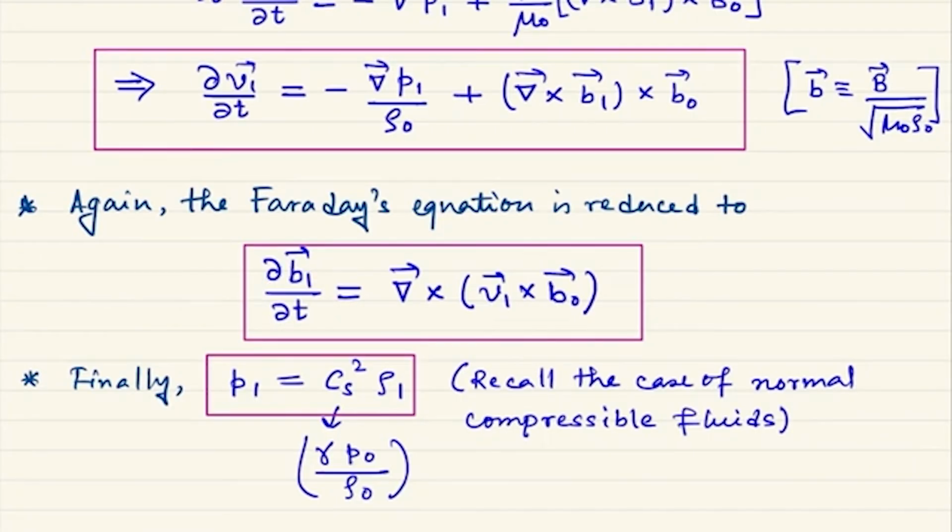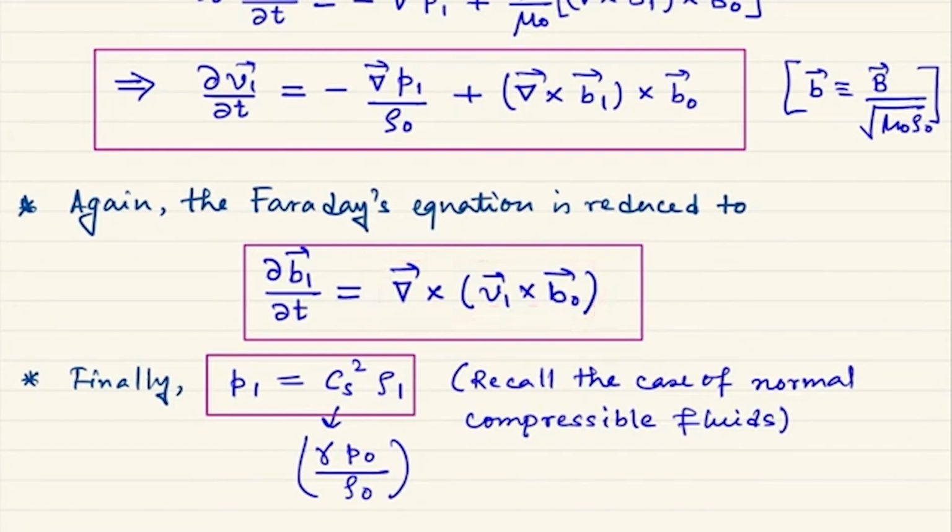So in order that the total thing should be exactly of first order, a zeroth order part cannot be there, because it will be cancelled by the zeroth order part on the left hand side. So the first order term will simply be this one, the only possibility, because V0 is 0. So there cannot be any term like curl of V0 cross small b1.